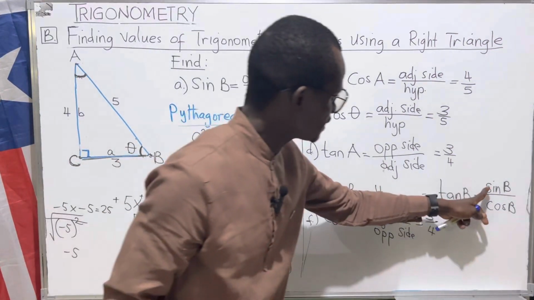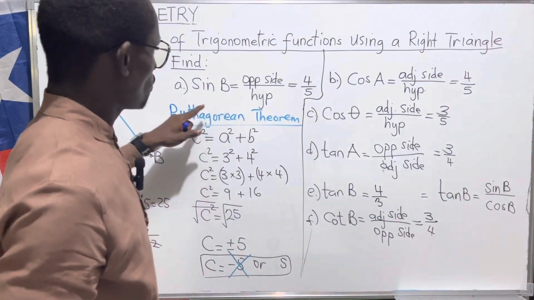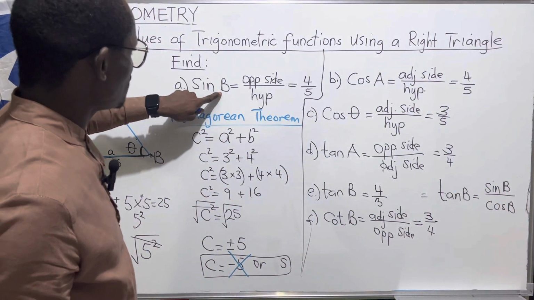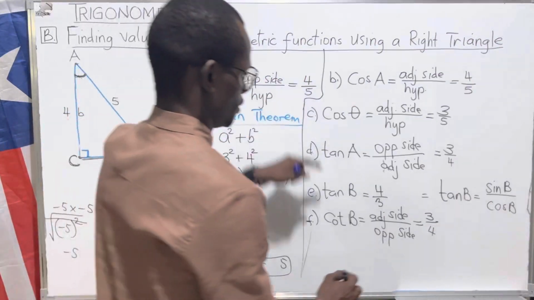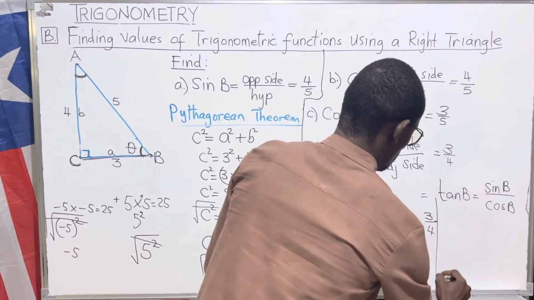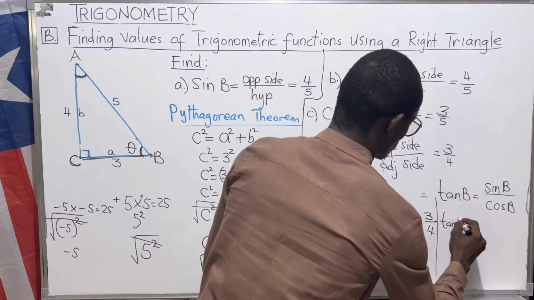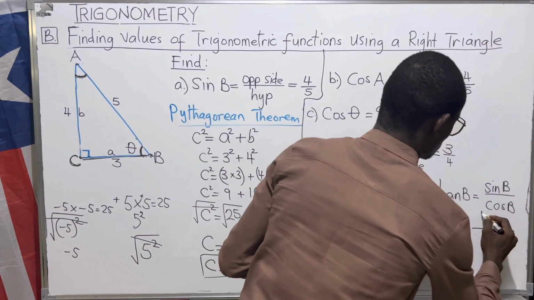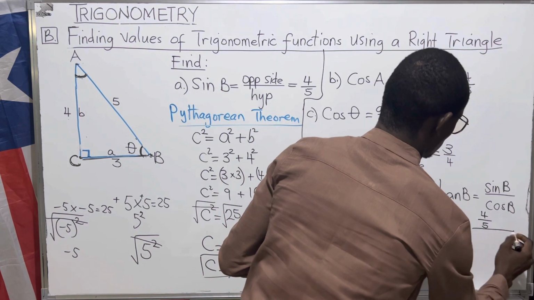What is sine of B? We did sine of B right here. Sine of B is 4/5. So we would now have tangent of B with the numerator 4/5.